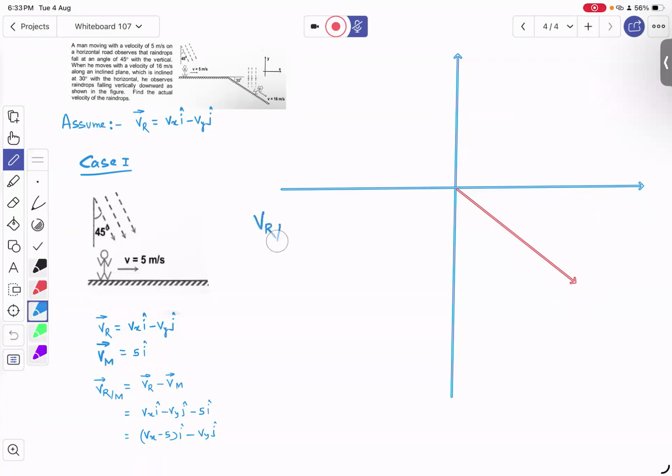So velocity of the rain with respect to the man is Vx minus 5 i cap minus Vy j cap.